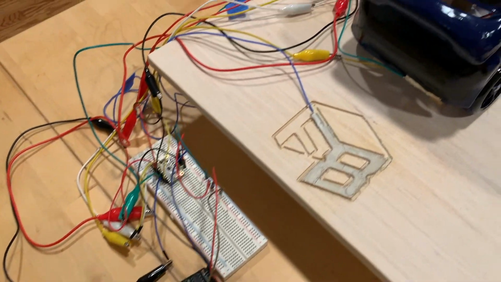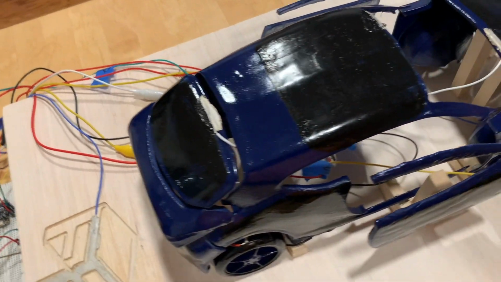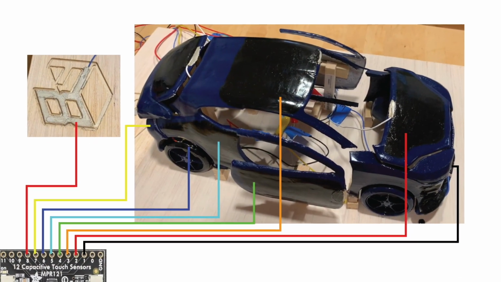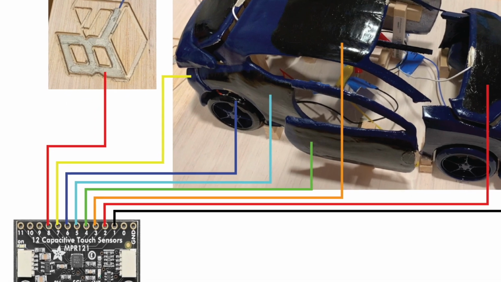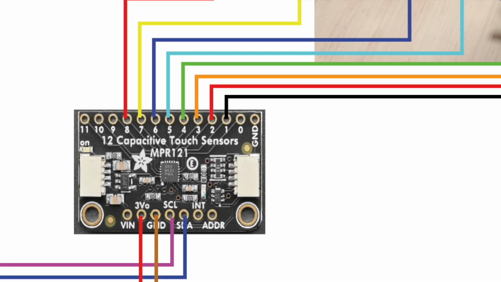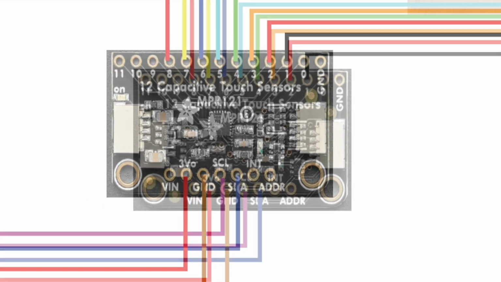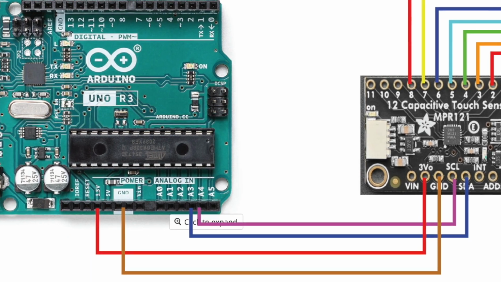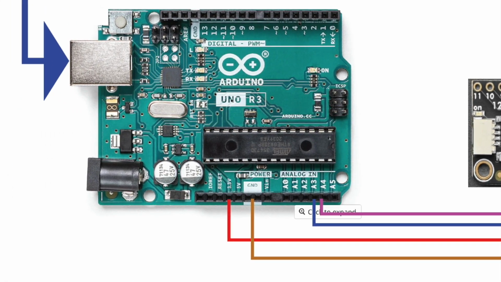And so you can see this mess of wires and Arduinos and Adafruit board, how this is all initially set up. So you can see a schematic here, the wires going into a board called Adafruit, and it's able to pick up the conductivity of that paint, and then a signal is then sent over to an Arduino.